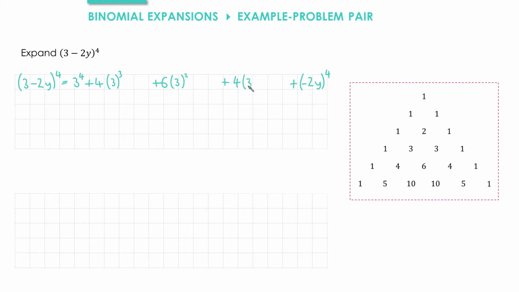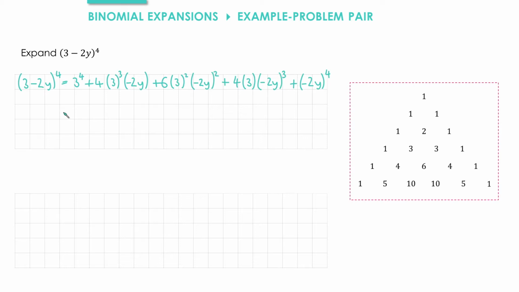Then we have 3 to the power of 1. And 3 to the power of 0 doesn't give us anything here. Then we put in our powers of minus 2y. So first of all, (minus 2y) to the power of 1. And then (minus 2y) squared. And then (minus 2y) cubed.